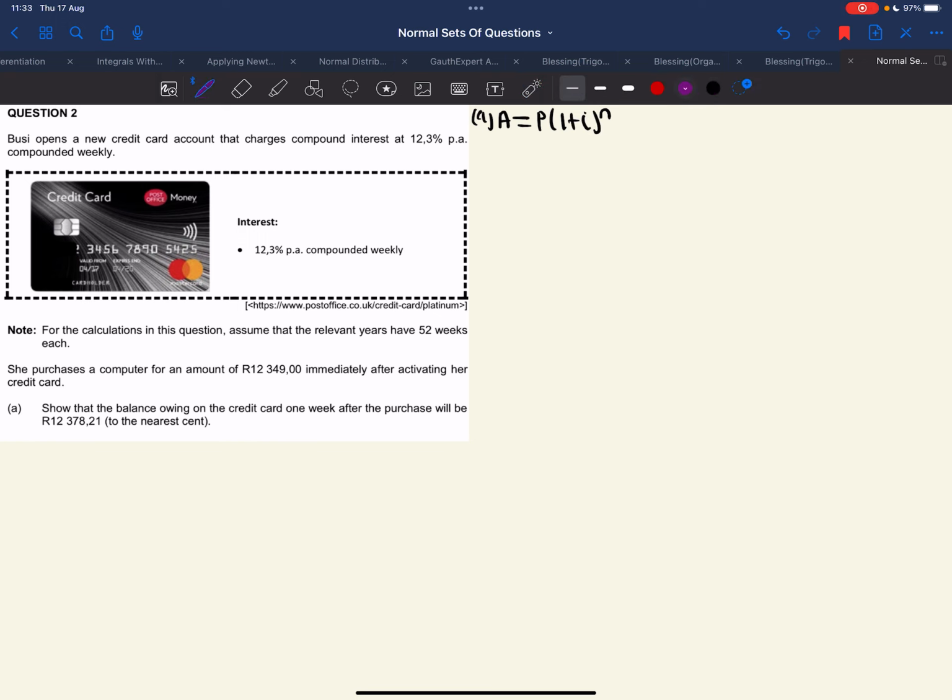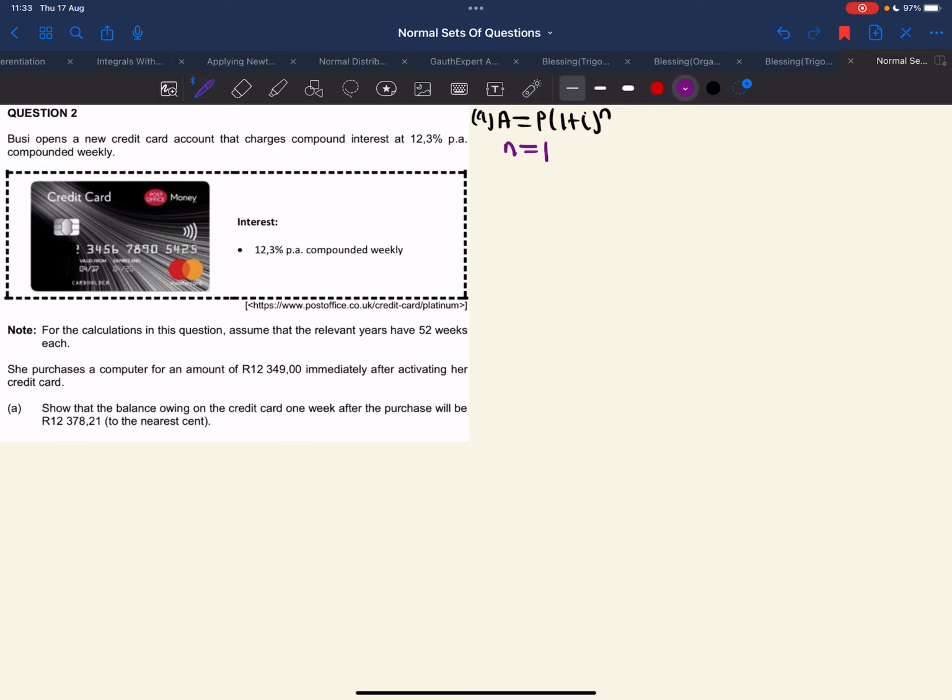So in this question, we are told the credit card balance is 1 week after the purchase. So already we know that our n is basically going to be 1. And then the other thing that we need to look at is our interest, which is given as 12.3% per annum, and we need to compound it weekly, and weekly is 52.